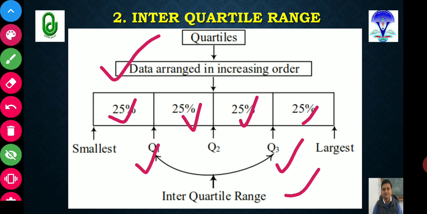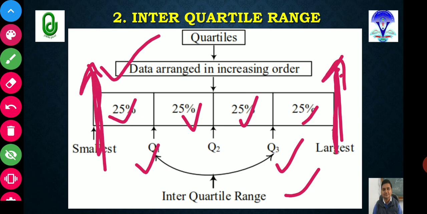Just see, previously in the case of range, you knew only the smallest and largest value, but now you know Q3 and Q1 and the difference between them. So this interquartile range will give more insight into how the data is spread.